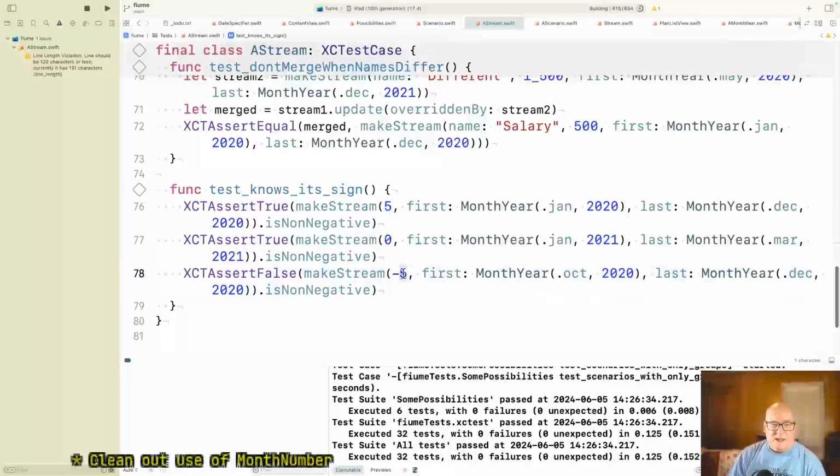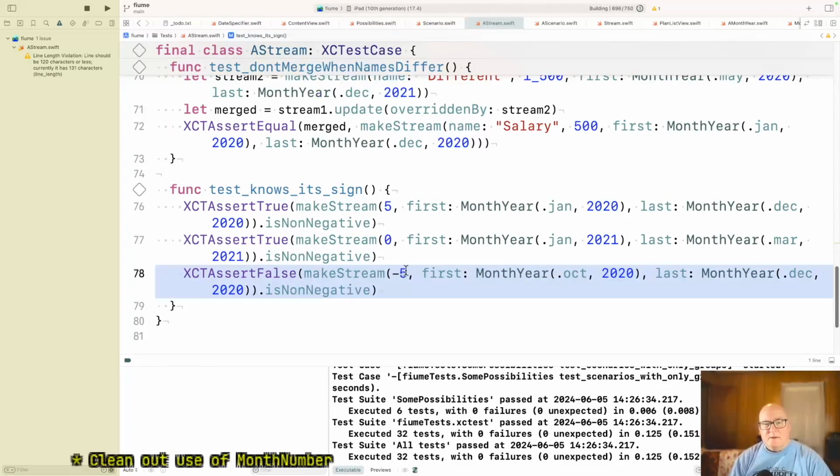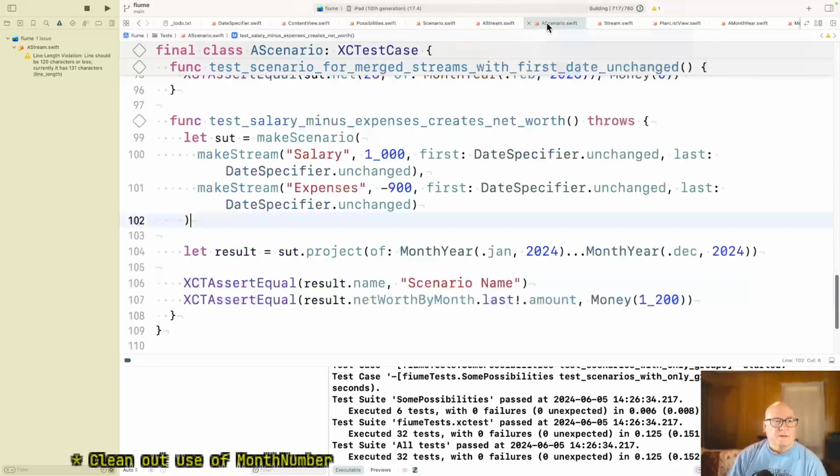Yeah, so it's just checking is the amount. Does it know that the amount is negative? Really, these don't matter because it's really just keying off the value.